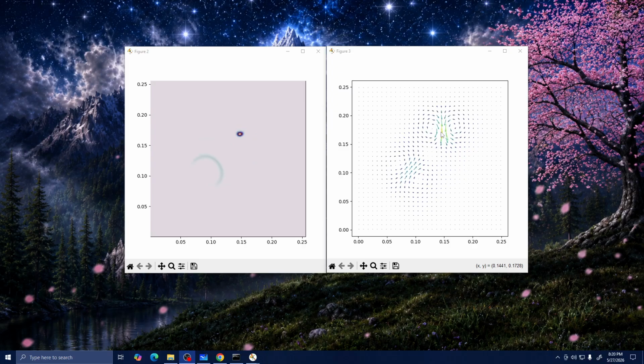And as time progresses, these velocities change to indicate how the fluid dynamics are changing, or how the velocities in the fluid are changing with time.